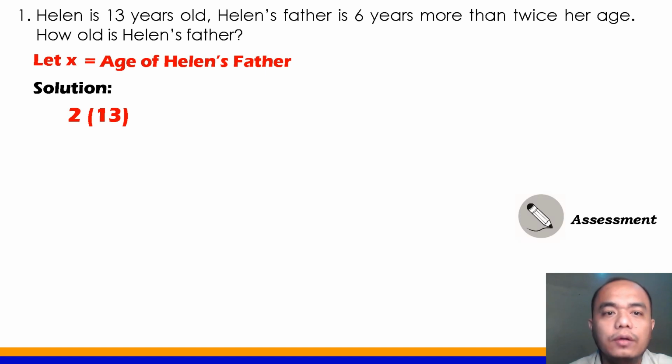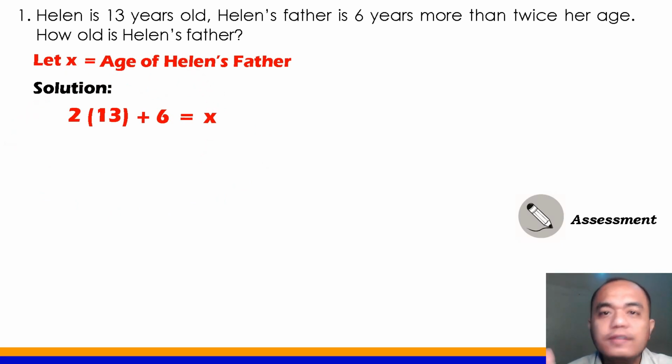Saan natin kinuha yung 2 times 13? Yes, this represents "twice her age." Her dito, class, tumutukoy ito kay Helen. So, ita-times natin ng 2 ang edad ni Helen, which is 13 years old. And then "more than" here will represent addition, and then 6 years. And then equals x, at ito yung magre-represent na equation sa edad ng ama ni Helen.